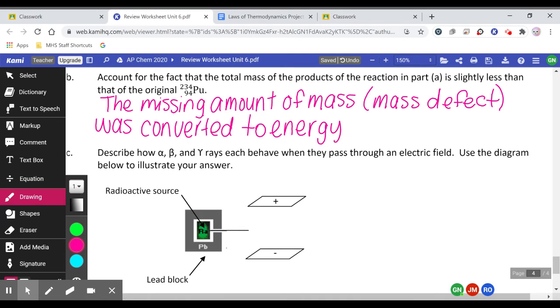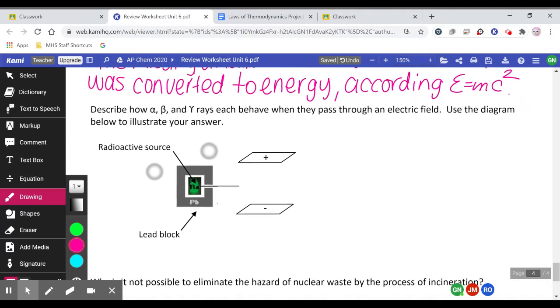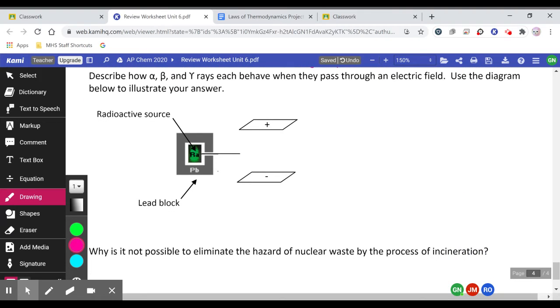And I went ahead and explained according to, and I put our E equals mc squared there, because we know that that mass defect times the speed of light squared is equal to the binding energy, and it's related to that. So I went ahead and added that.